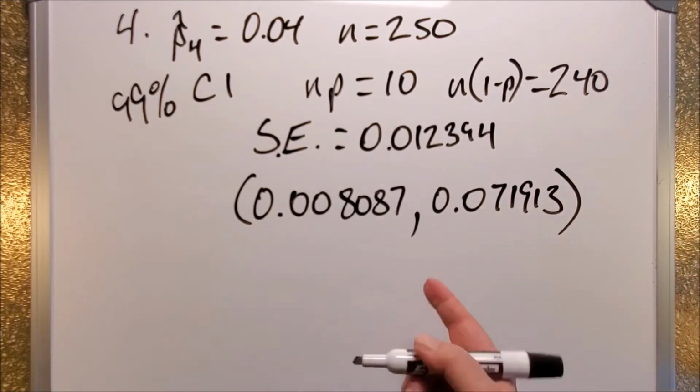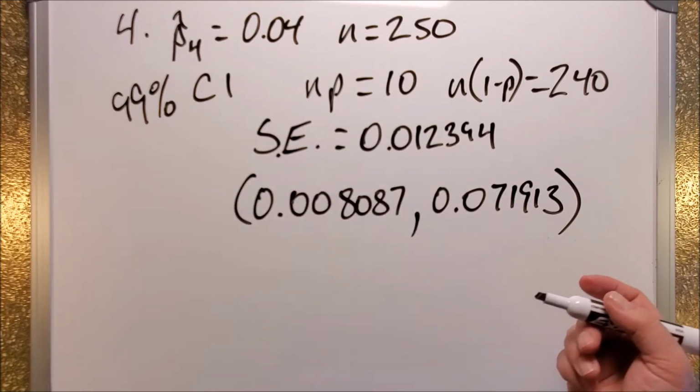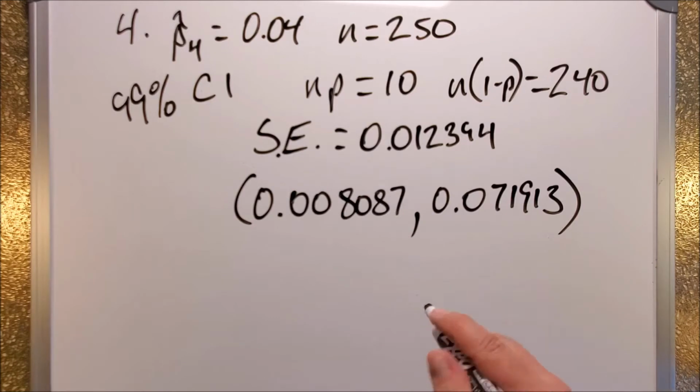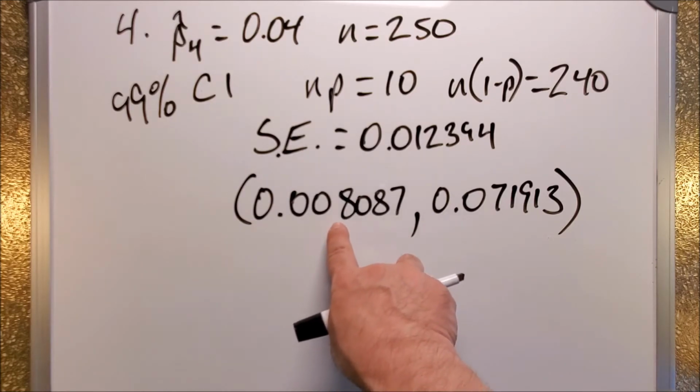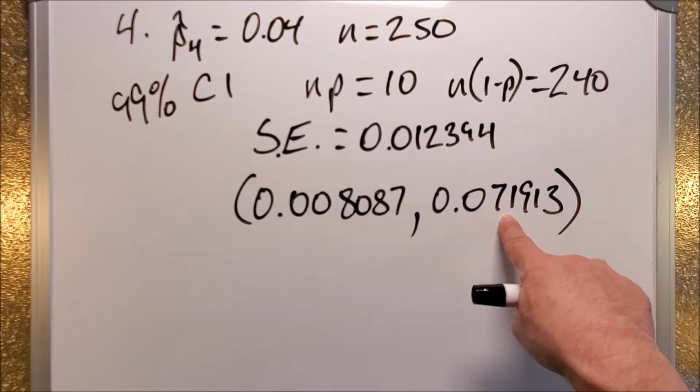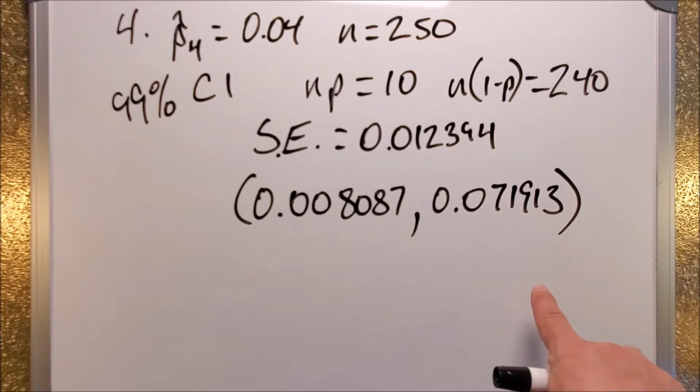So we are 99% confident that the true population proportion would be between 0.8 of 1% and 7.19%. That's the result of that calculation.